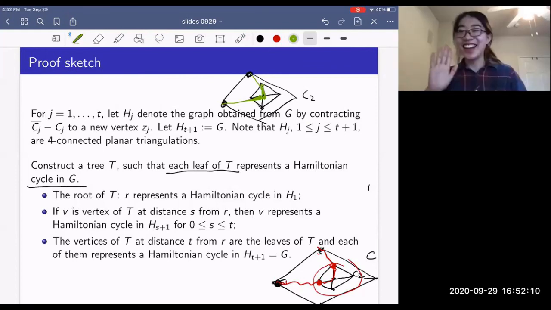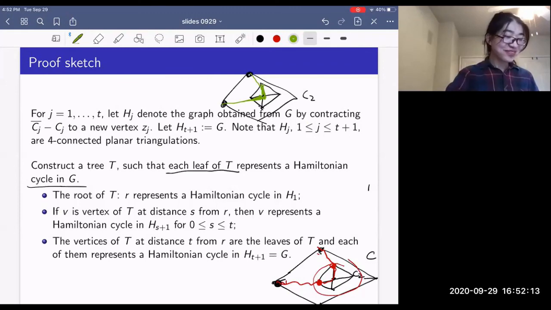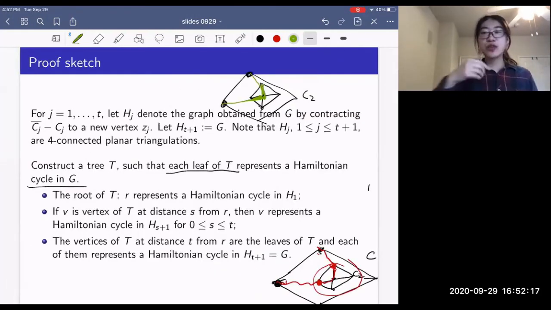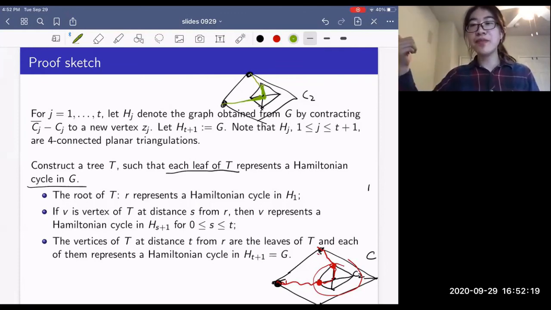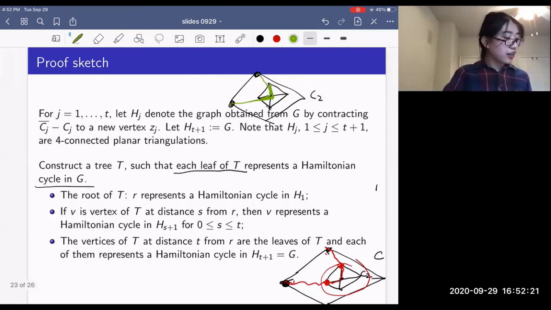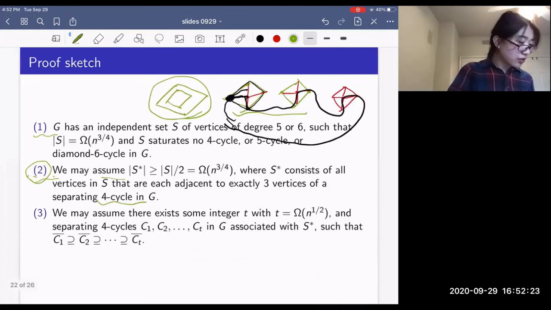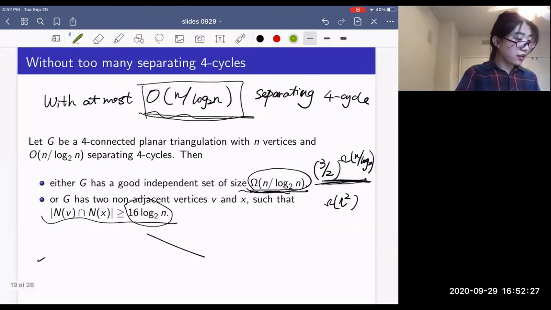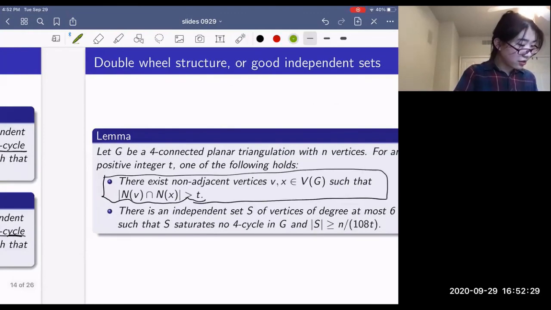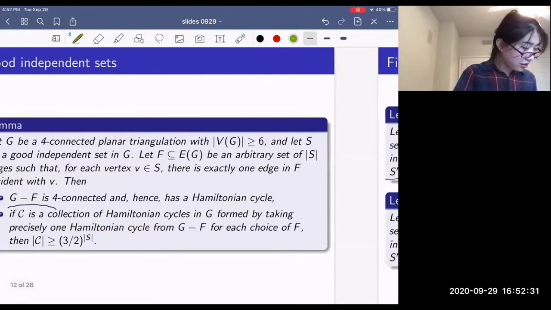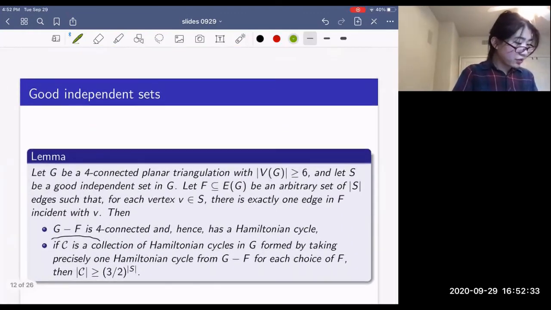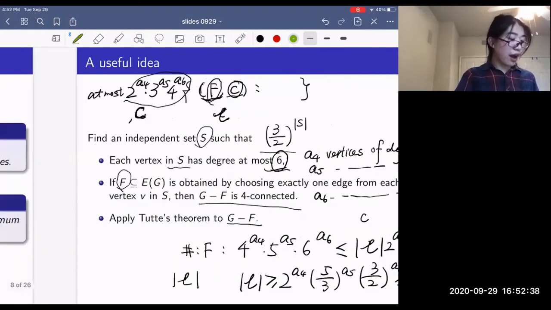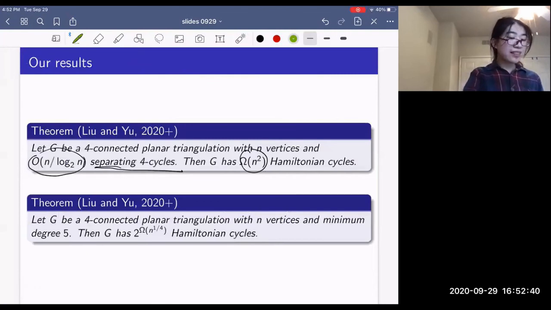Professor Yu and I want to extend this result to the projective plane. Our results now are for connected planar graphs, planar triangulations.